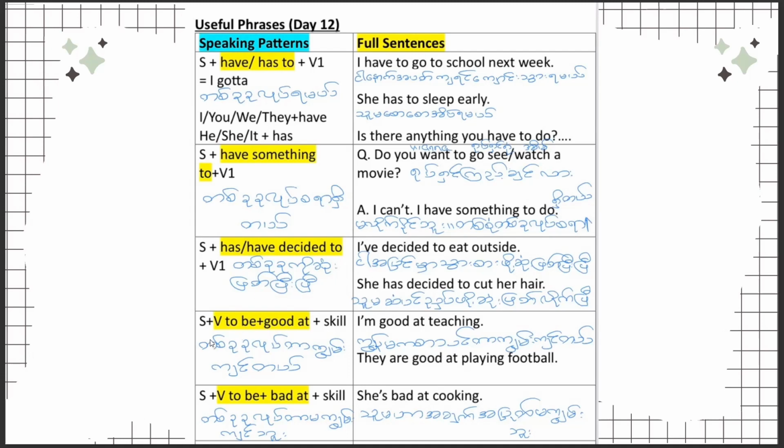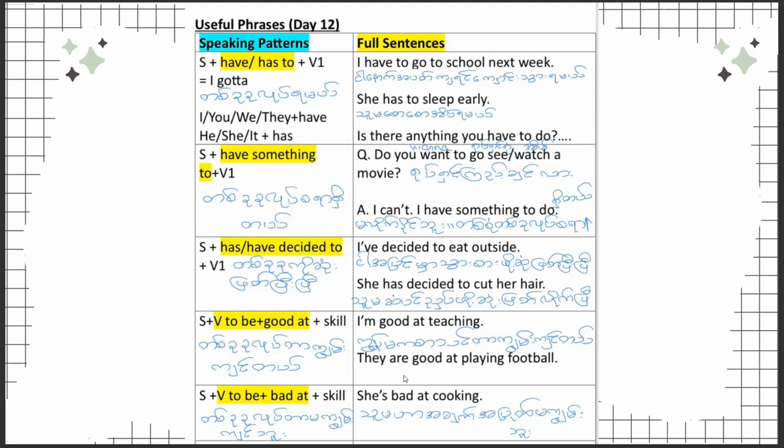So next one is subject plus verb to be plus good at plus skill. Good at and bad at. These are opposites. Good at means skilled and bad at means not skilled. So we ask, which one are you good at? If asked which one are you good at, I am good at teaching.